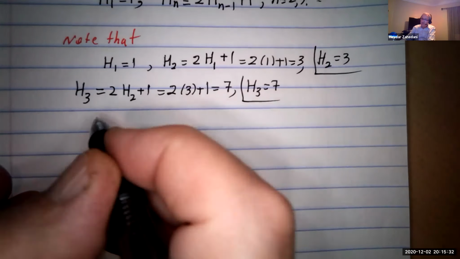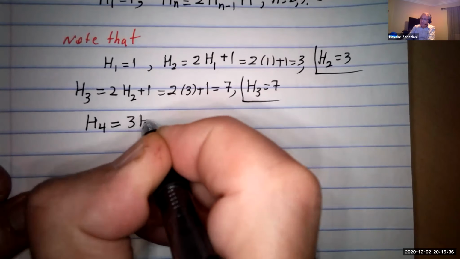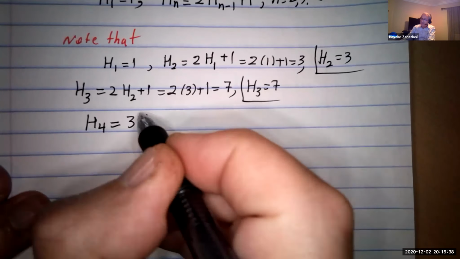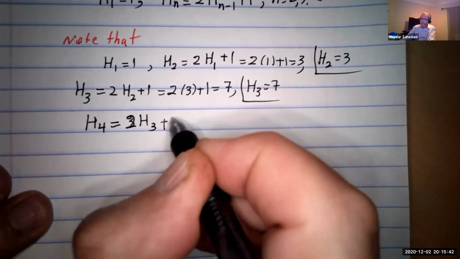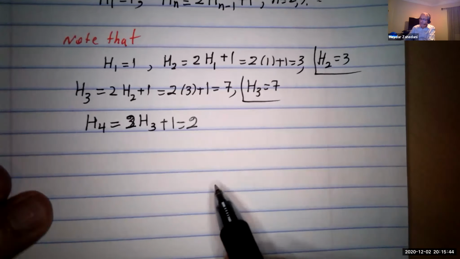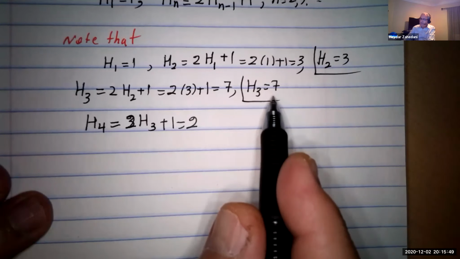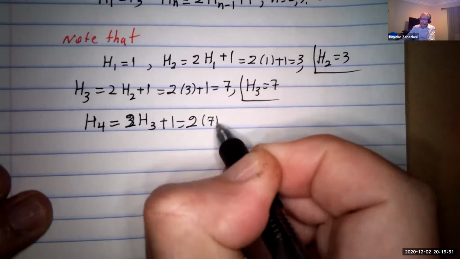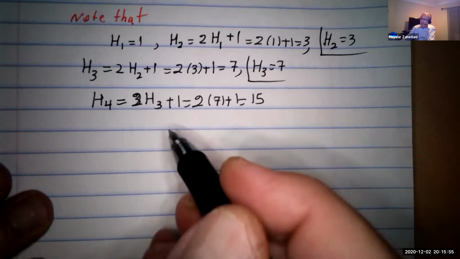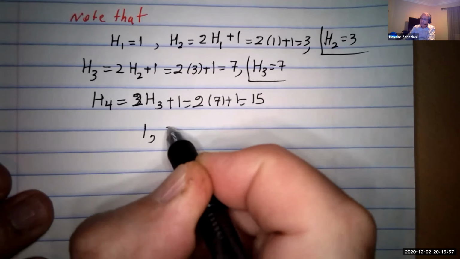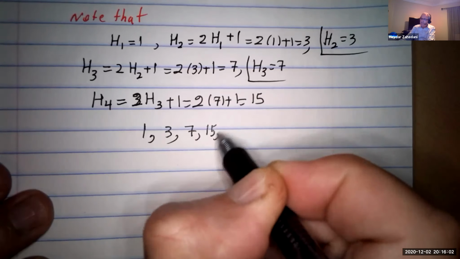And if you want to find H_4, H_4 is 2H_3 plus 1. So that gives you 2 times 7 plus 1, which gives you 15. So the numbers are 1, 3, 7, 15. Keep going.